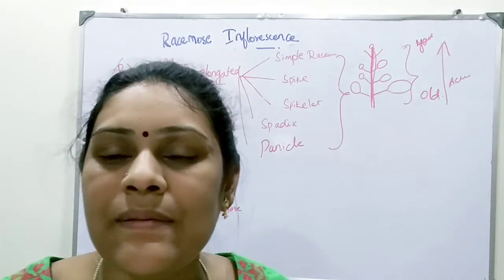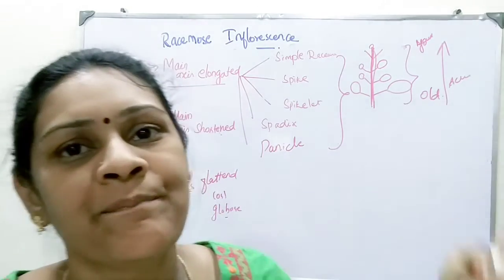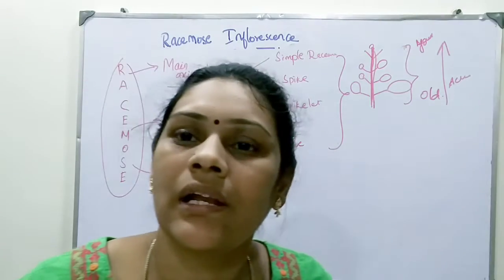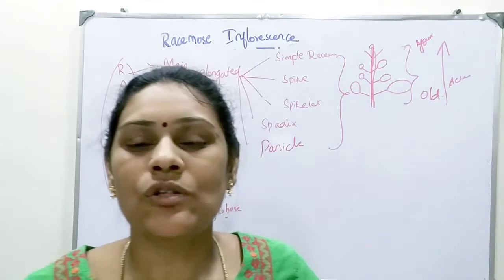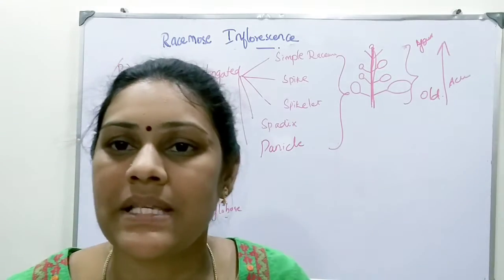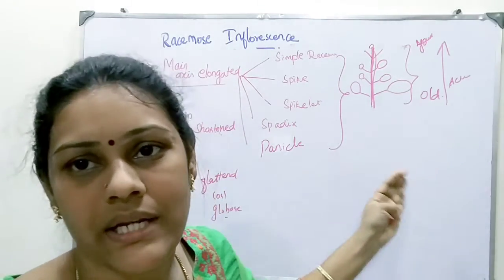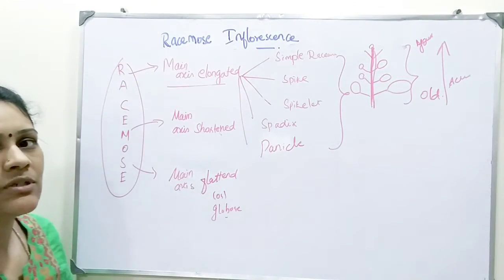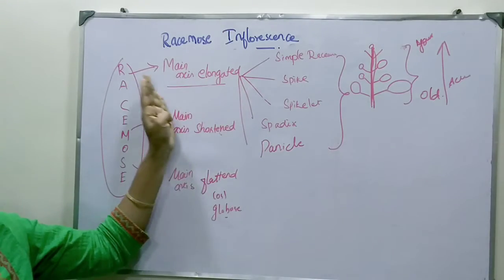Okay, so this simple raceme I have explained. The examples of the simple raceme are Crotalaria, mustard and radish. Mustard and radish plants are all in the variety. Okay, that's all. So next I am coming to the type, that is main axis elongated.